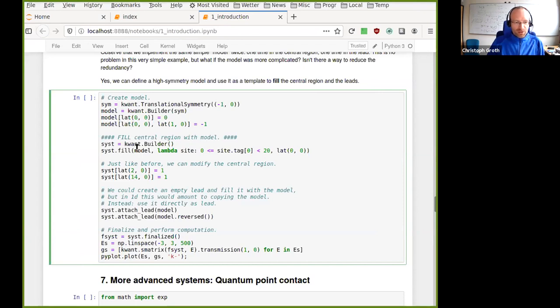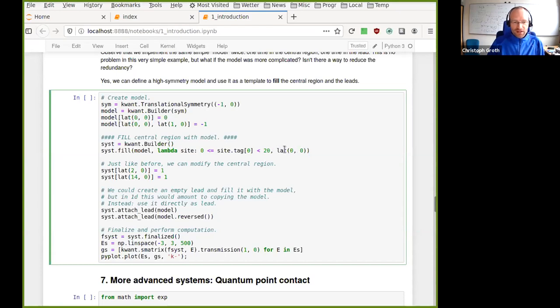expects 3 important parameters. There are some more, I think, but the 3 are the model that is going to be used, then a function which can be called for each site and will return true or false, depending whether the site belongs to the system or not, and a starting point. That's a site here.